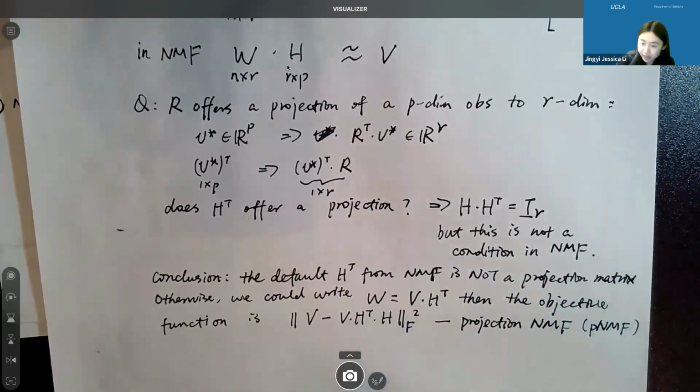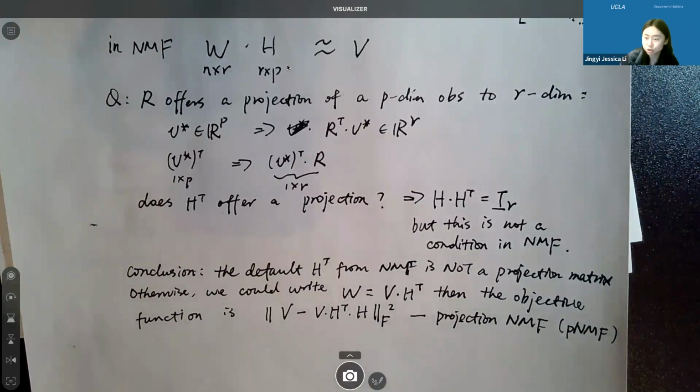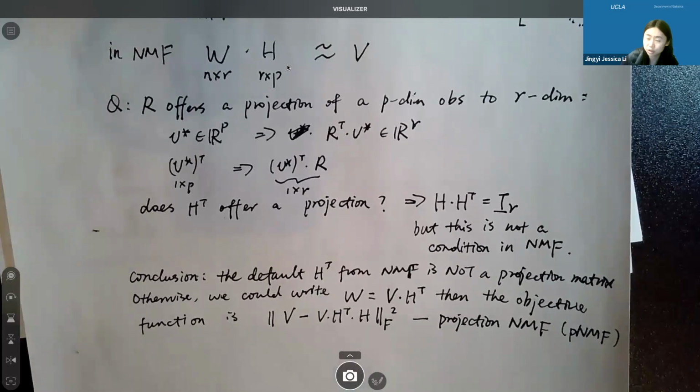So it's a modification of NMF by adding the constraint that H transpose must be a projection matrix, while in the original NMF, there's no such constraint. So you can imagine that by adding this constraint, we just reduce the possible search space for H, right? Because there's more requirement on it.